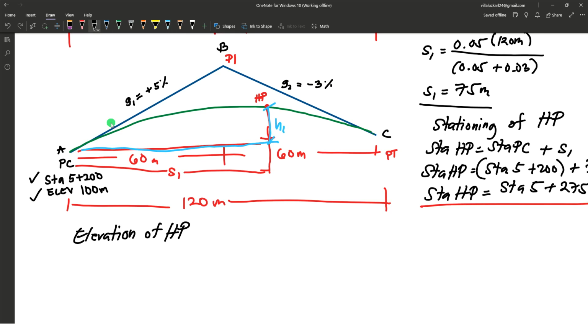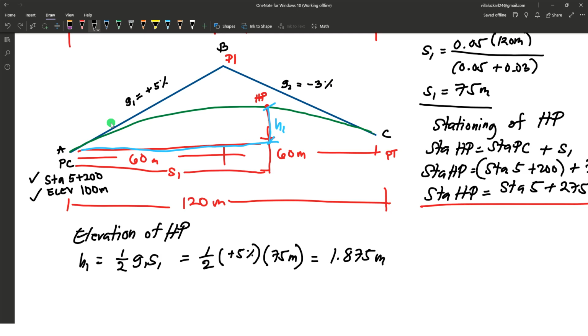The H1 here is computed by the formula 1/2 G1 S1. So 1/2 times G1, which is positive 5%, times S1, which is 75. So H1, when we compute this, is 1.875 meters.